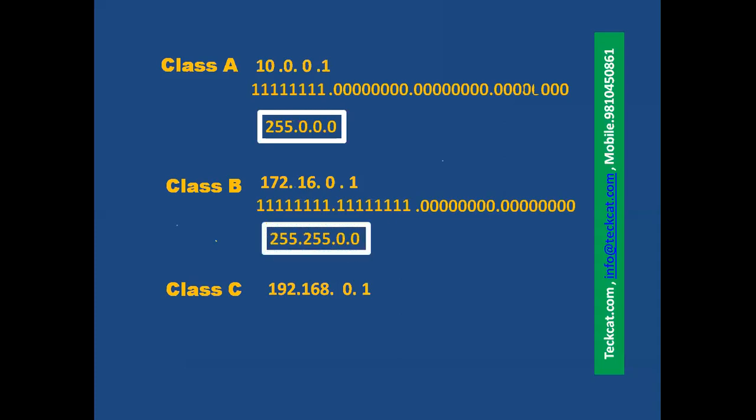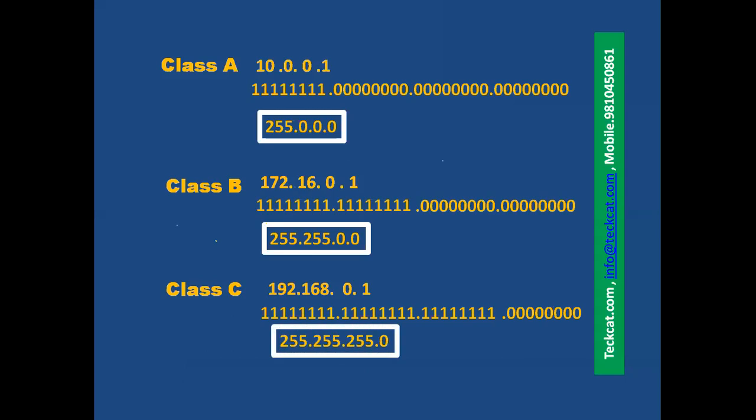In class C, 24 bits are network and 8 host bits, so the mask will be 255.255.255.0.